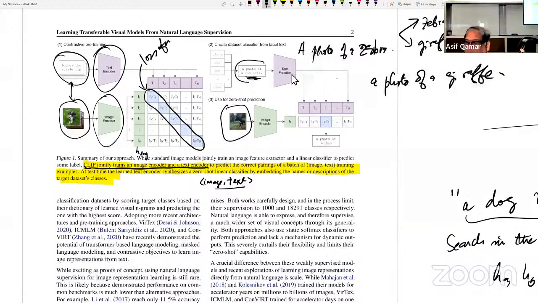Both of these will become vectors, H zebra and H giraffe, right? And then I'll also get an image encoding, and this image will become H.